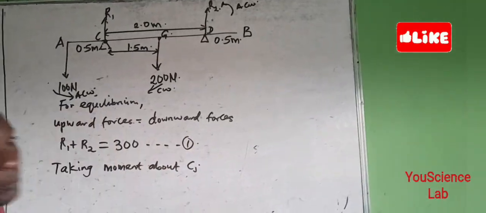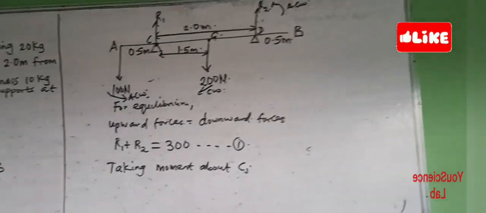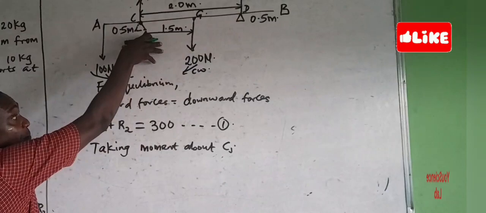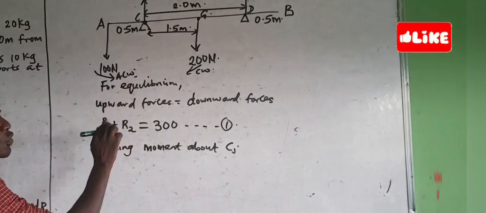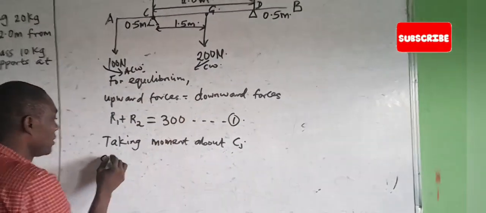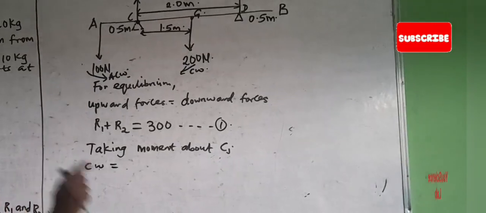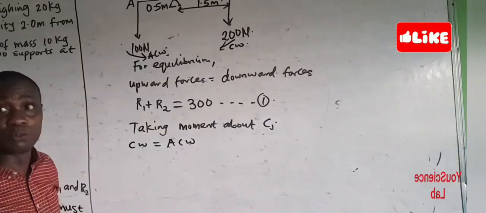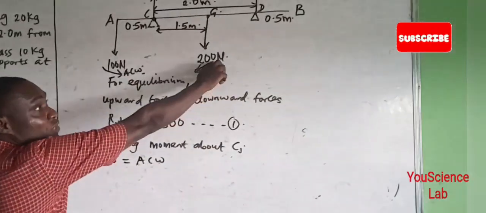Okay. So we have been able to determine the clockwise and anti-clockwise moments. Now, for equilibrium, because the beam is in equilibrium, it means that the sum of the clockwise moment must be equal to the sum of the anti-clockwise moment. So our clockwise moment is the 200 Newton, is that not?